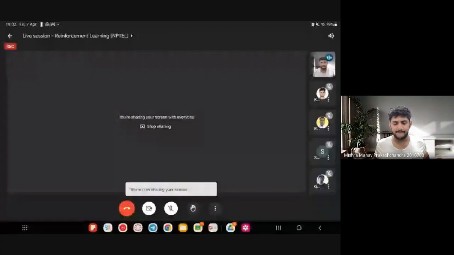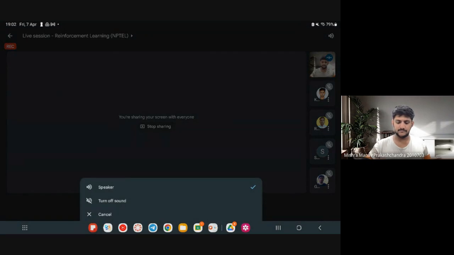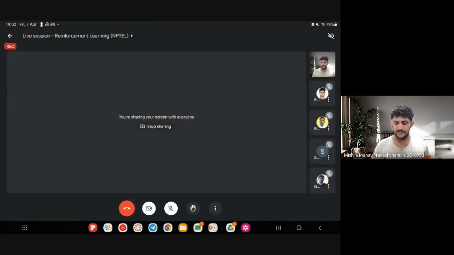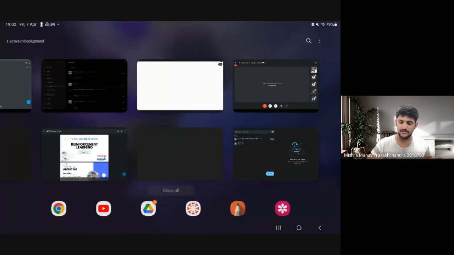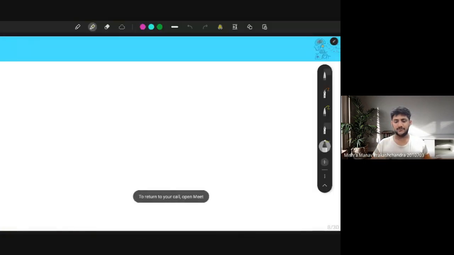Screen share is on. I think there's no echo and we can get back to options, right?